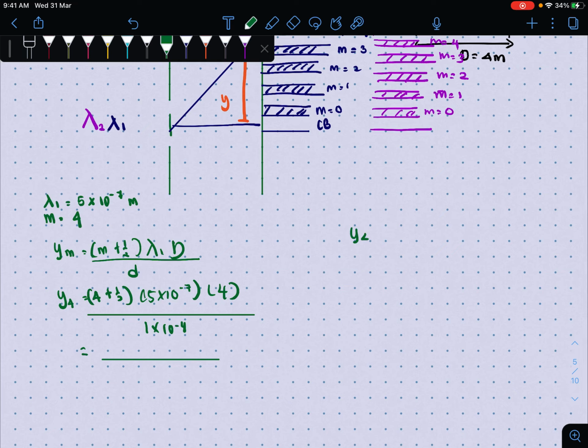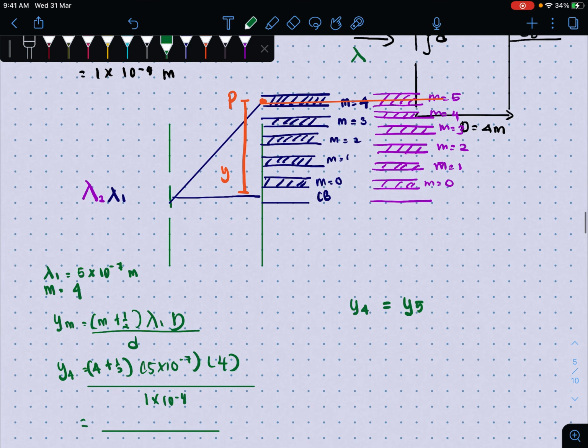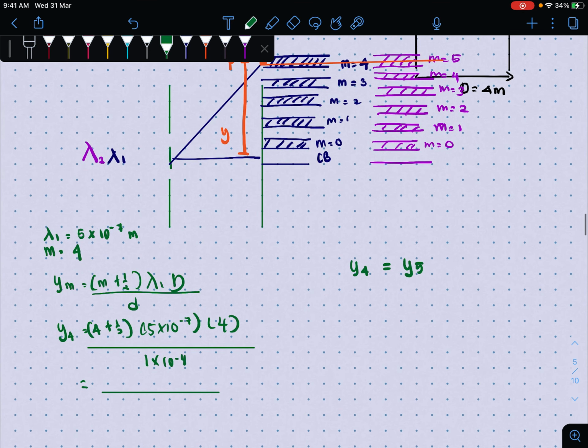Okay, once you have got your Y4, you know that this Y4 here is equals to Y5. Okay, sama, jarak mereka sama. Okay, so Y5 occurs at second wavelength which is unknown, where the order is equals to 5 here.